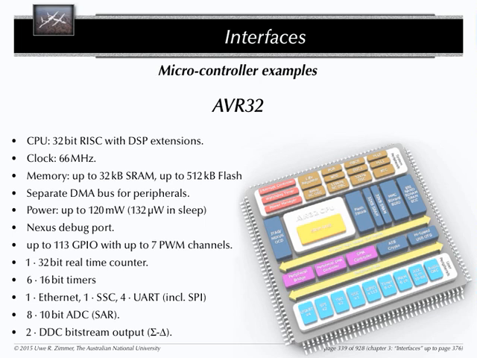They're usually clocked in around the 100-ish megahertz range. A little bit more memory, lots of DMA buses. Power consumption becomes more and more important, so it is one of the most important factors being rated here. Nexus debug port, JTAG interfaces.